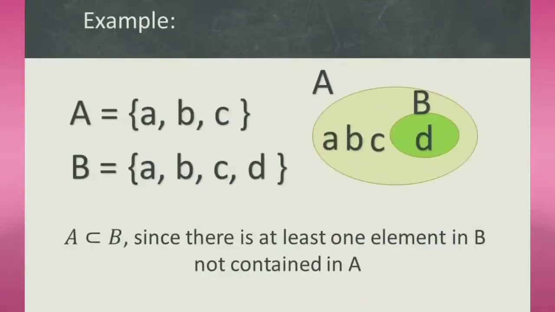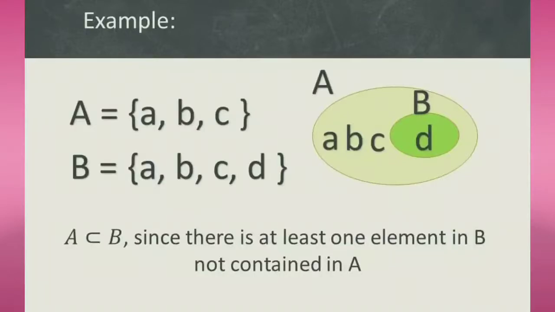Therefore, A is a proper subset of B. Why? Since there is at least one element in B not contained in A. At least one element. Nakukuha pa? Very good. At least one element ang hindi makikita sa isang set doon sa hinihingi na proper subset.